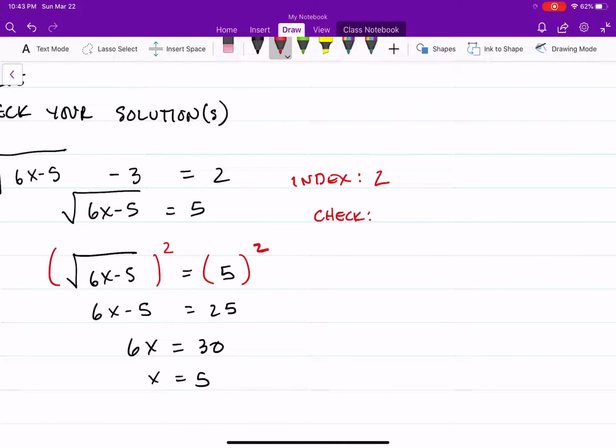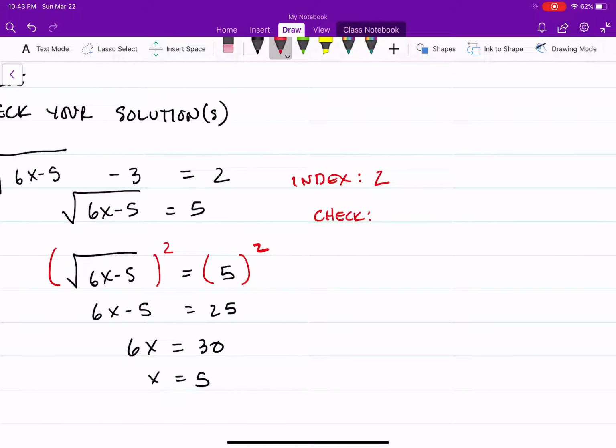So I have the square root of 6 times 5 minus 5, minus 3, and see if that equals 2.